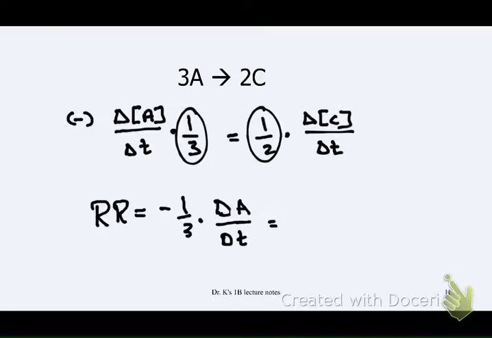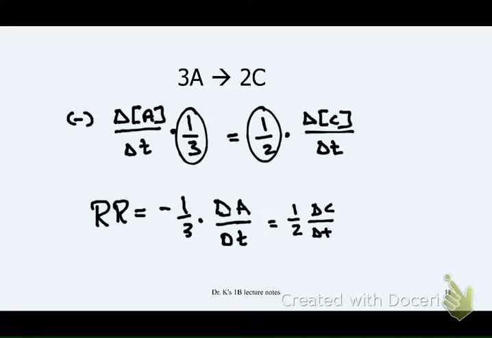That is equal to 1/2 times the change in C over the change in t. All of those are equal to the reaction rate. And that's how we make it the same number. So now, in essence, I've converted, remember I said the reaction rate is how fast the reaction arrow is going? This helps me convert it into how fast the reaction arrow is going, that 1/3.